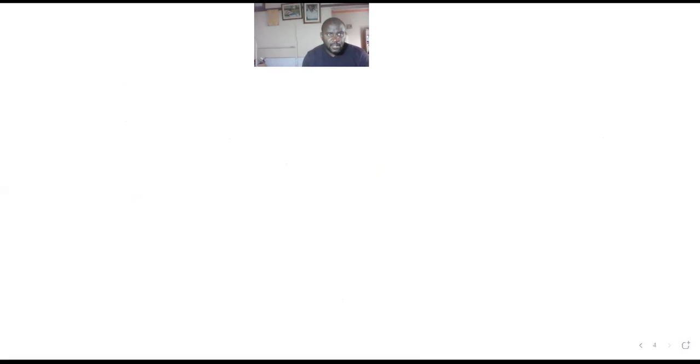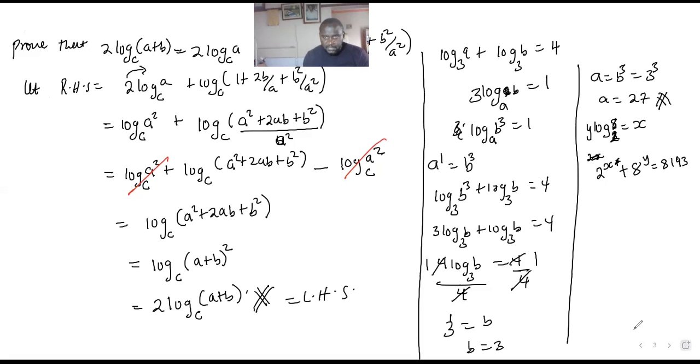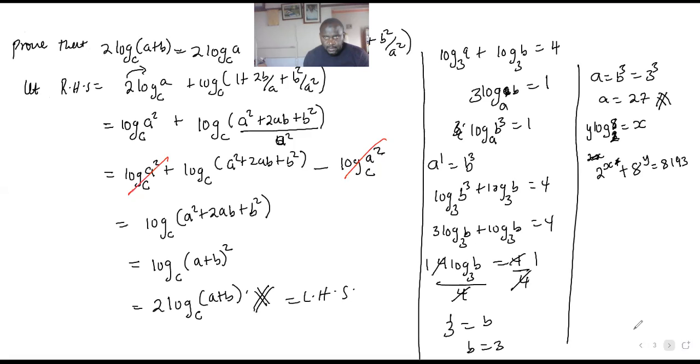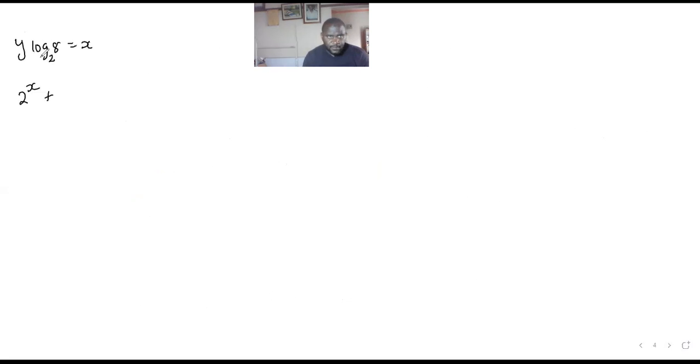So we have said we have y log to base 2 of 8 is x. We have said 2 power x plus 8 power y is equal to 8192.